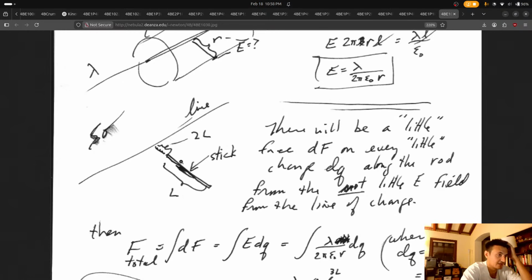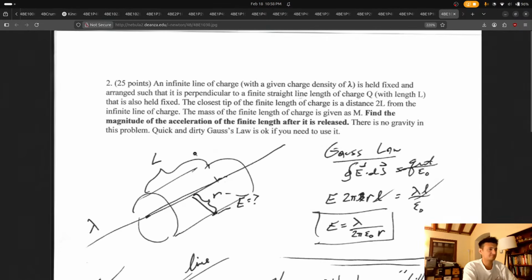E is dependent on r, so you're talking about radius. So you integrate from 2L to 3L, and that gives you the force. But now the magnitude of the acceleration is just going to be F over M.